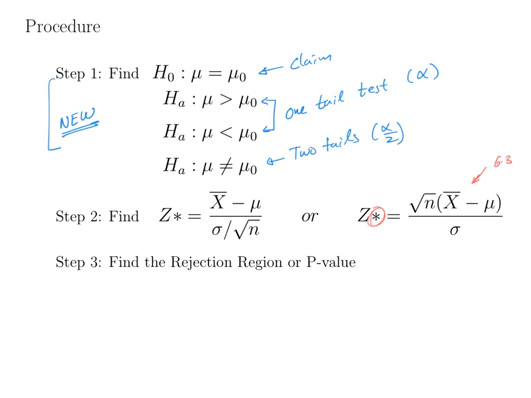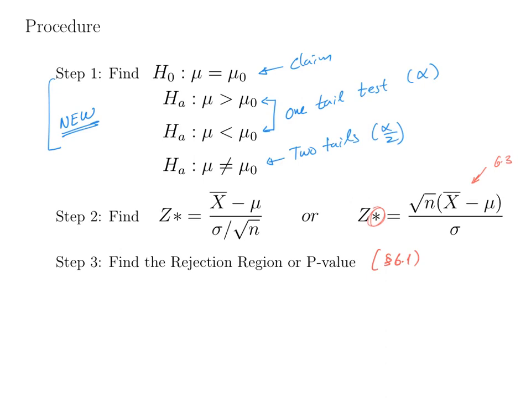Now the rejection region and the p-value are also not new. This comes exactly from section 6.1, and this is what I mean. Depending on which alternative you have, this is going to decide the whole problem.